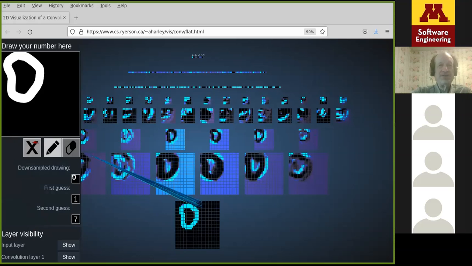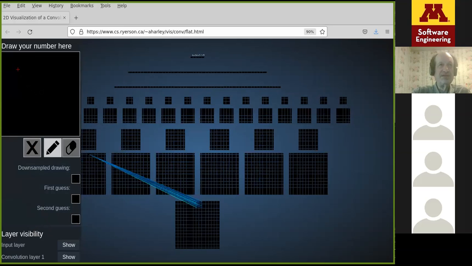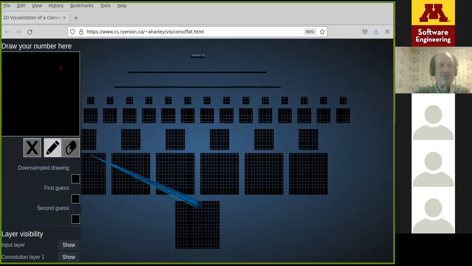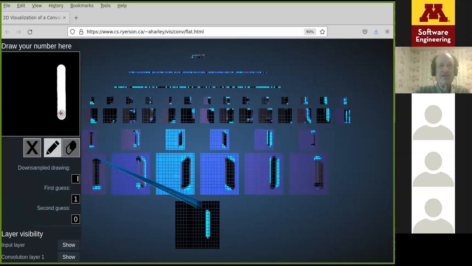In principle, a convolution should factor out the fact that the location in the image often is irrelevant in recognizing an object. So if I draw a 1 over here, it should be treated the same as a 1 over here. So that's the power of the convolutional neural network.